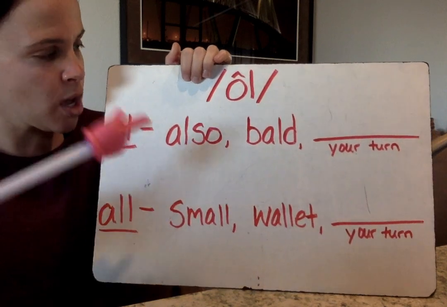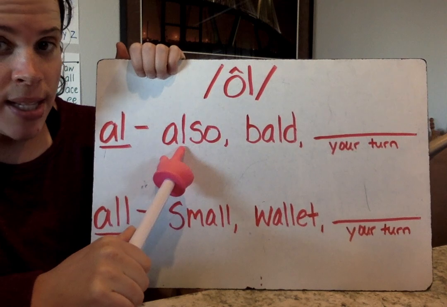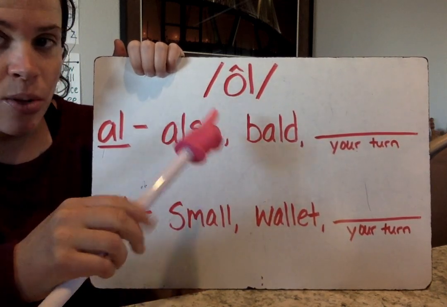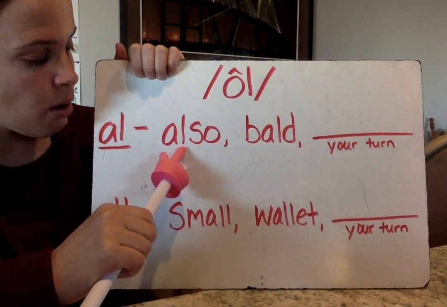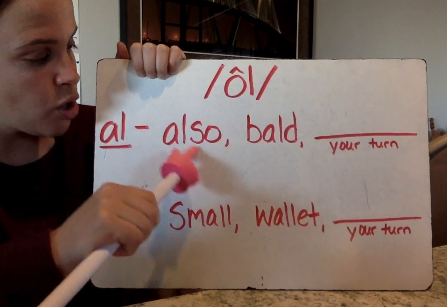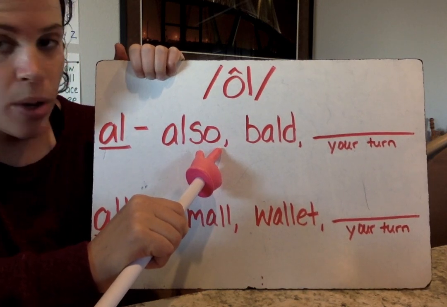Here we go. We have the all sound. I'm going to point to the sound that we are focusing on this week, and then you figure out the rest of the words and say the word. I'll do the first one with you. Sound, all. Think. You should know this word. Word, also.